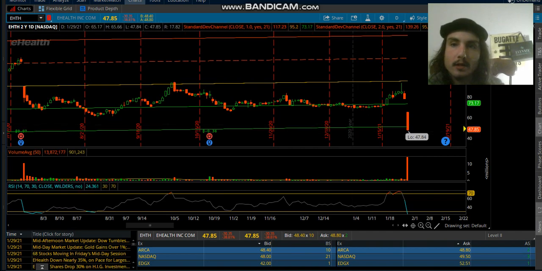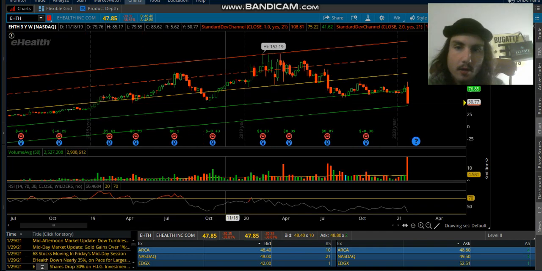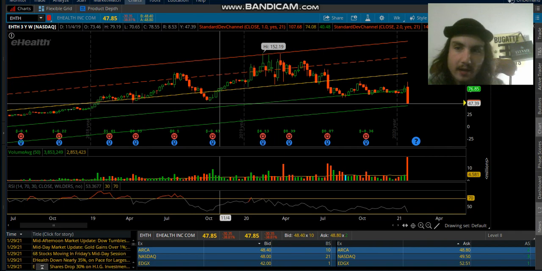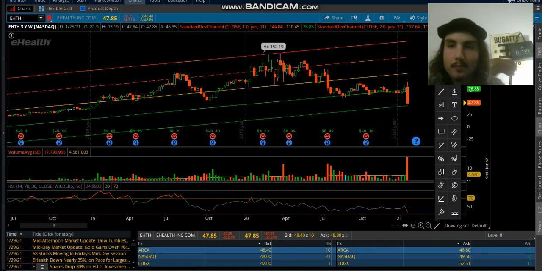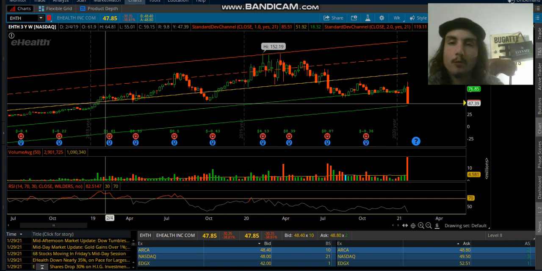And then if you go to the weekly chart, it had a very significant level, right here at $49, 48.50. So knowing those things, you can definitely expect a bounce. And then of course, on the weekly chart, it's almost down to that bottom standard deviation level.